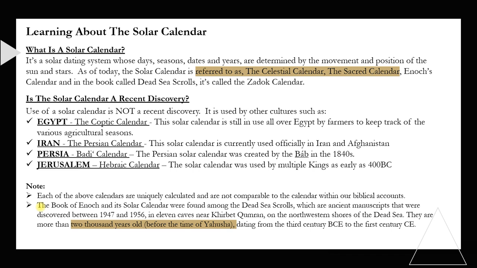The Dead Sea Scrolls are more than 2,000 years old. This is before the time of Yahushua. So this is dating from the 3rd century BCE to the 1st century CE. So the idea of a solar calendar is not a new concept. It is an ancient concept that has been lost to many of our people today.